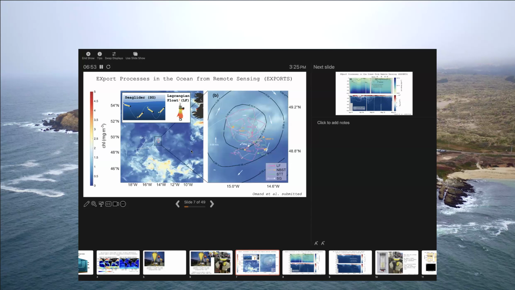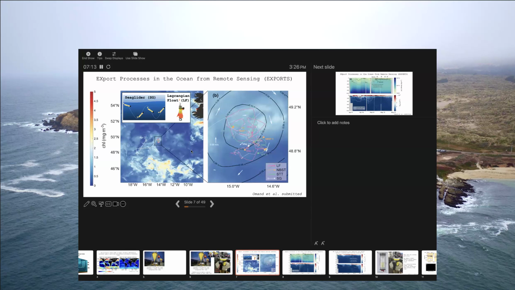What I'm going to be showing you here is just a small subset of that, but it's basically the data delivered from a single sea glider that's shown on the left here that was following after the Lagrangian float that had the SNOWCam attached to it.